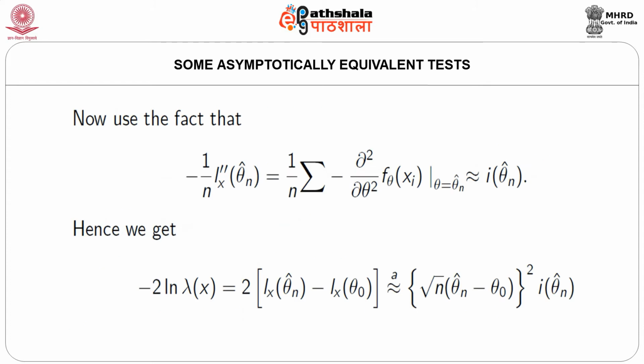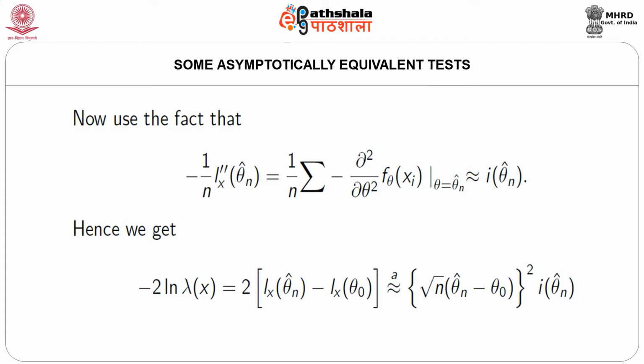Now use the fact that minus 1 by n small l_x double prime(theta_n hat) is actually equal to 1 by n sum over i of minus del square by del theta square of the PMF or PDF f_theta(x_i) at theta equal to theta_n hat, which is equivalent to the I function at theta_n hat, where I denotes Fisher's information.